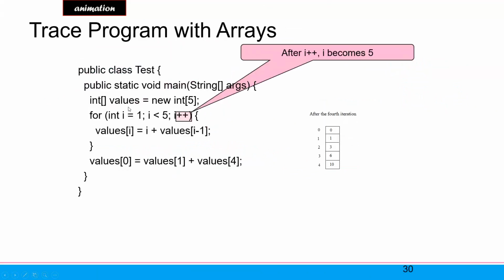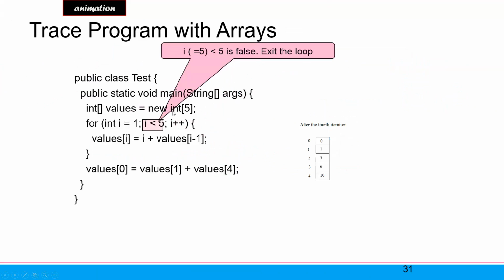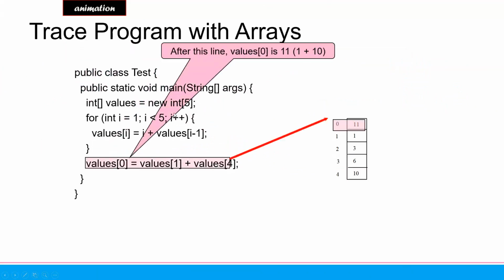And then i will be added by 1. Now i becomes 5. 5 is less than 5? No. Then we will exit the loop. When we exit the loop, there is one equation: values 0 equals values 1 plus values 4.